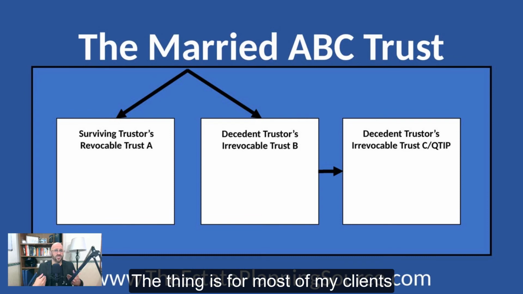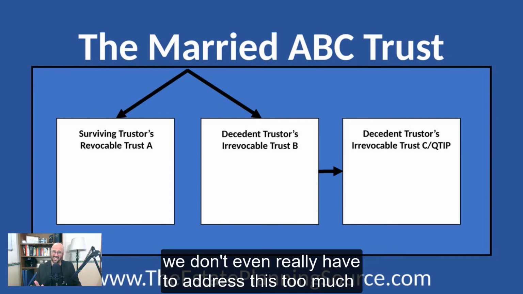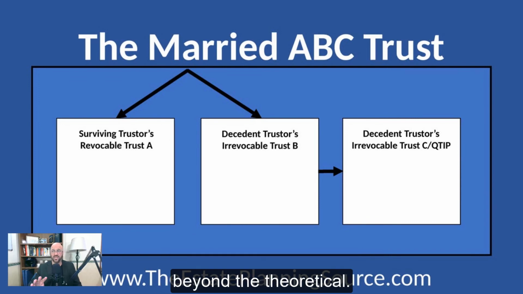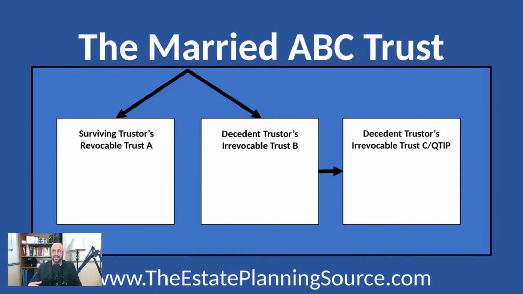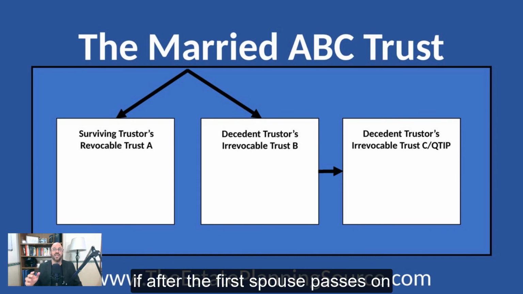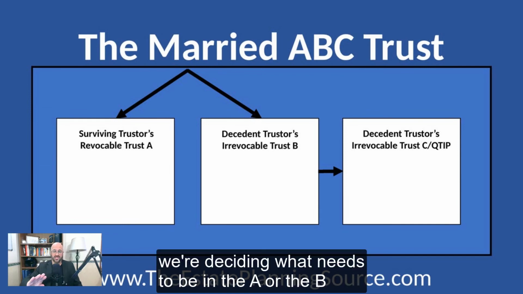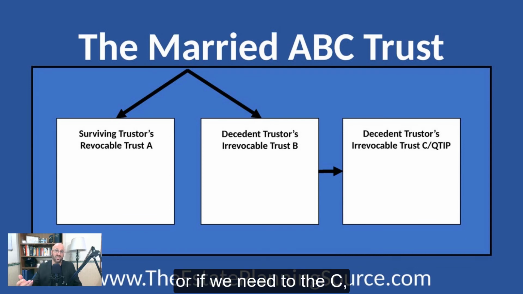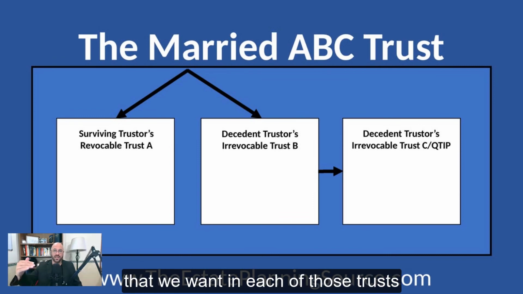The thing is, for most of my clients, when we're setting up the trust, we don't even really have to address this too much beyond the theoretical. On the tax ID number, it becomes a lot easier if after the first spouse passes on, we're deciding what needs to be in the A or the B, or if we need to, the C. Laying out, here's the assets that we want in each of those trusts.